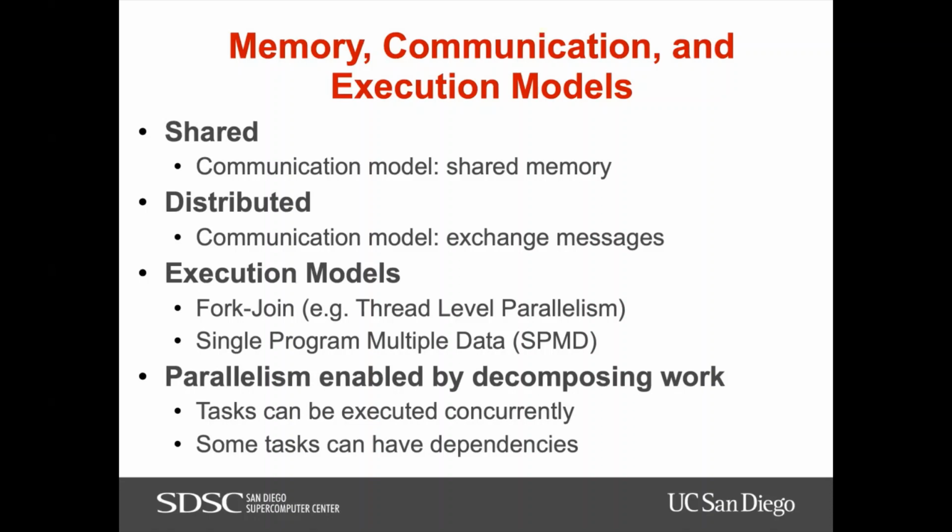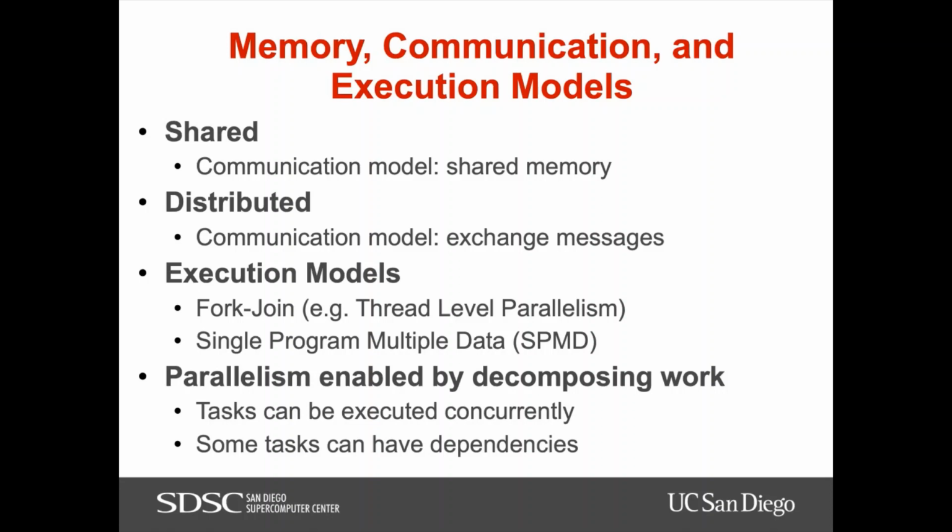But as soon as you go to a distributed setup, with more than one node, then you cannot have shared memory, because the memory on node 2 is not visible to the memory on node 1. So you'll have to have a different model where the tasks are explicitly exchanging messages over the network.